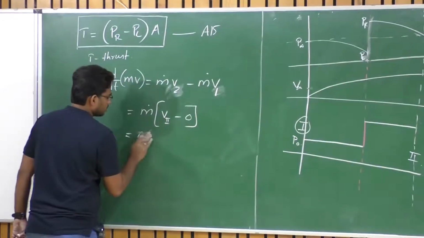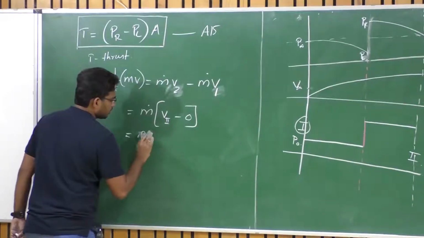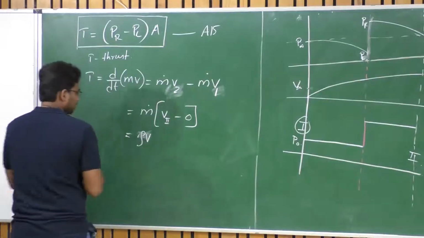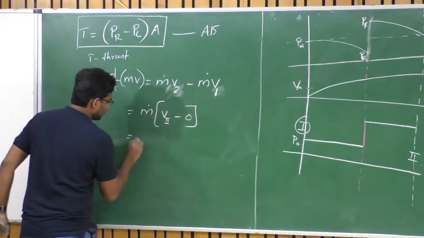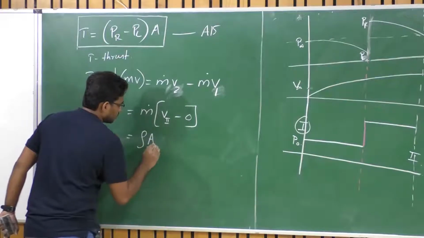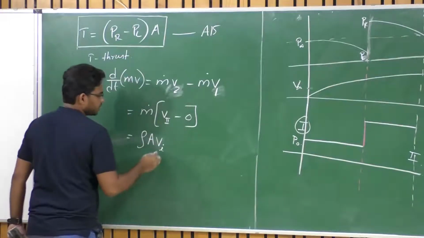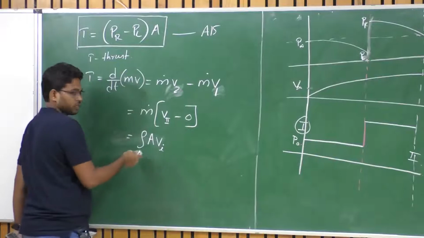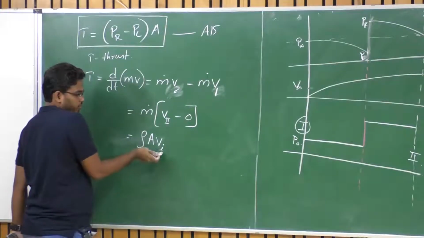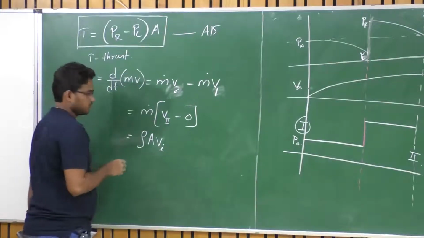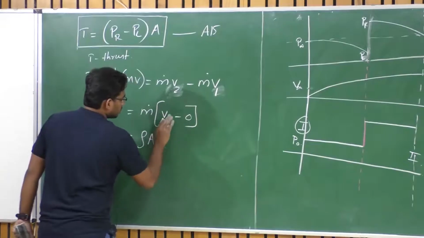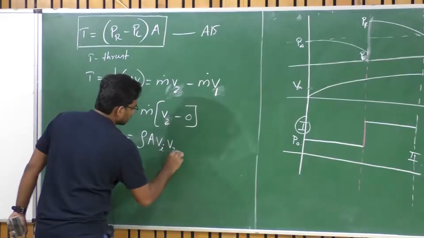What we have is rho A. So the mass flow rate is due to this disk. So at this disk we can have rho A V. Rho A V is the mass flow rate m dot, where A is the area of the disk, V is the velocity induced in the disk, times this velocity V2. Right?